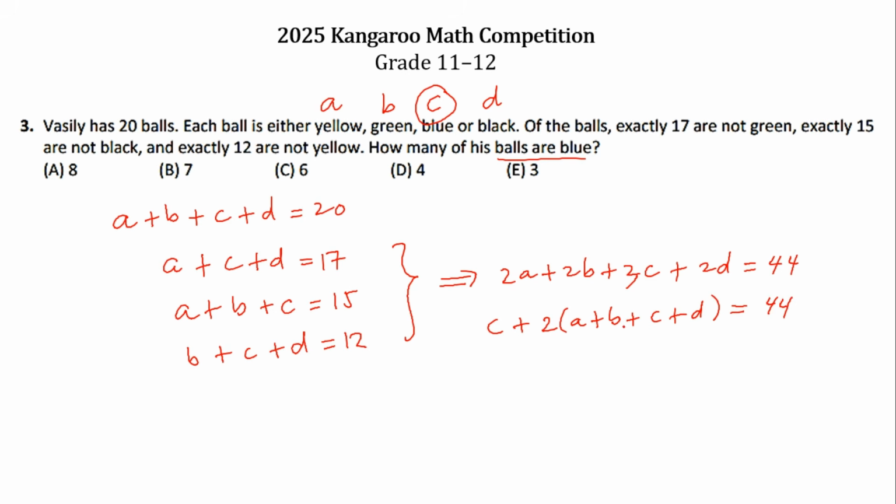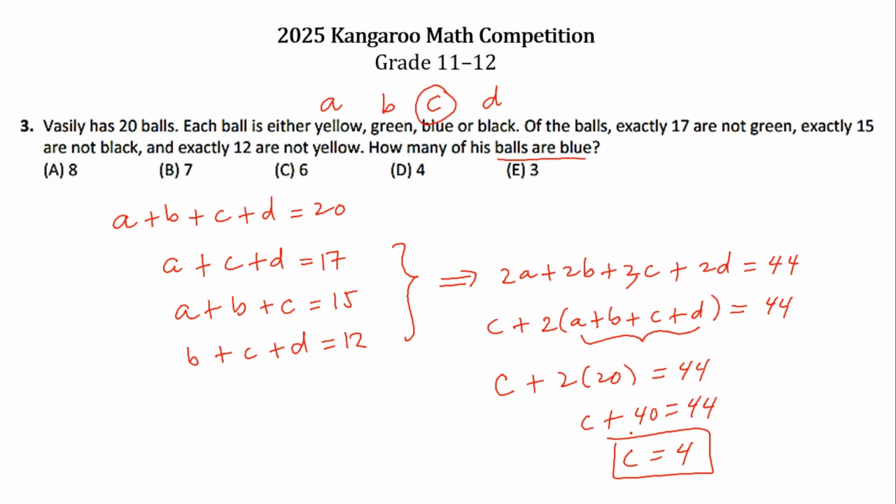And take note that A plus B plus C plus D is equal to 20. So we can just replace this part by 20. So we have C plus 2 times 20 equals 44, which means that C plus 40 equals 44, and finally C equals 4. So there are 4 blue balls. So that's letter D.